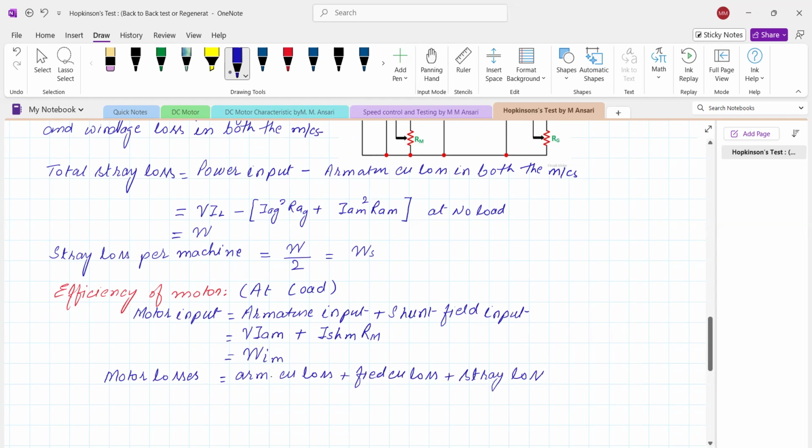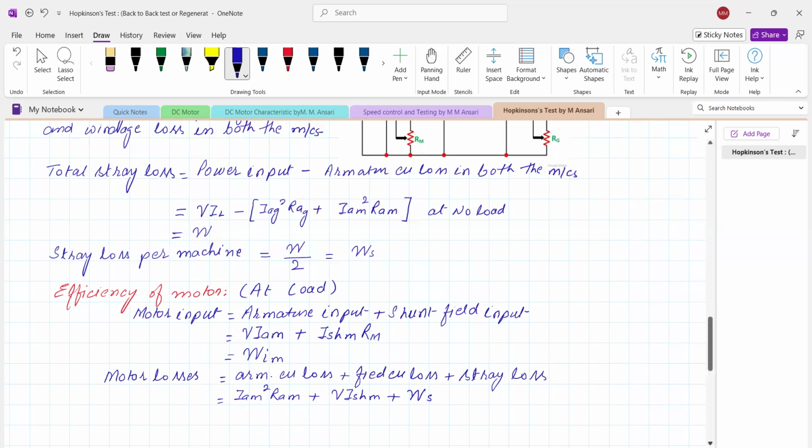So it is IAM square RAM plus V into ISHM plus WS, the stray loss in the machine.